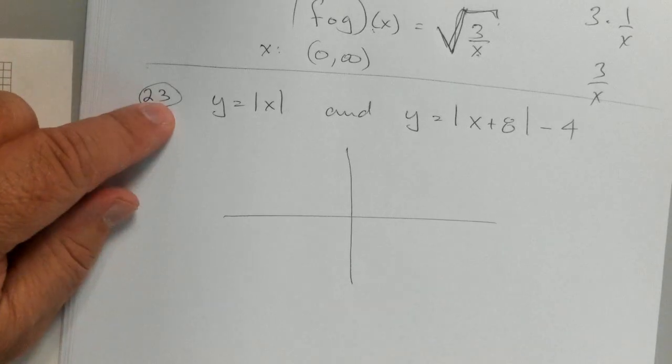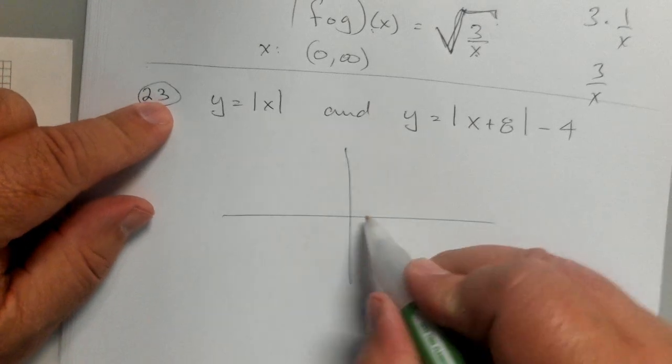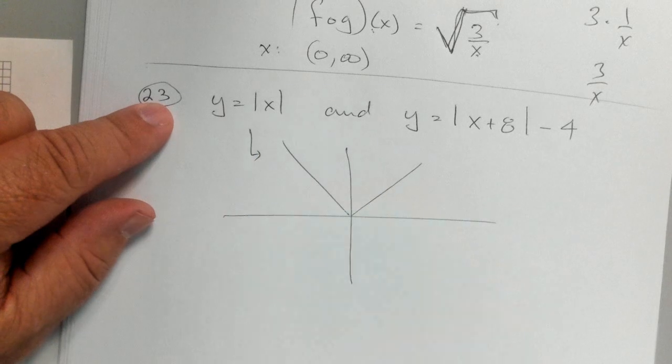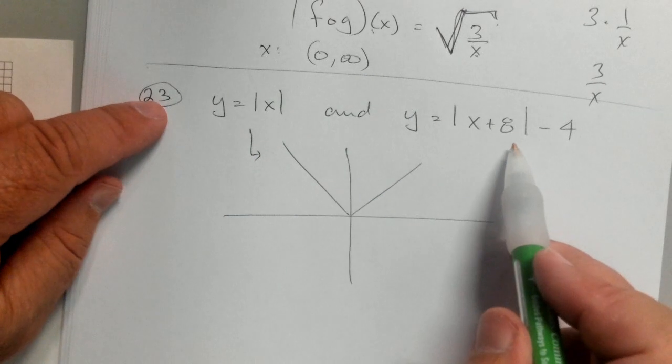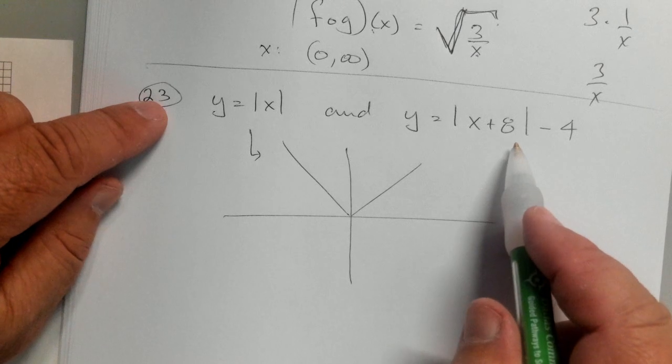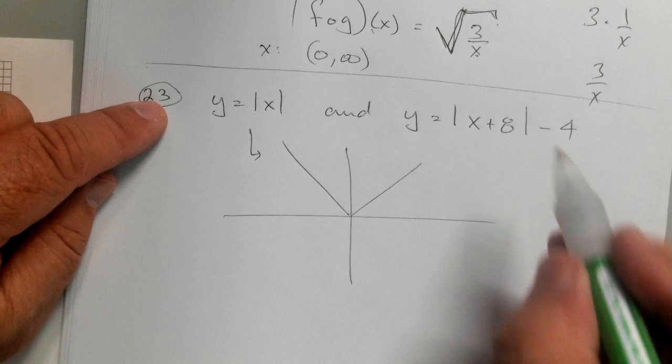So what does absolute value look like? It's a V. What does this one do? It shifts to the left. How many spaces? 8. And then down 4.